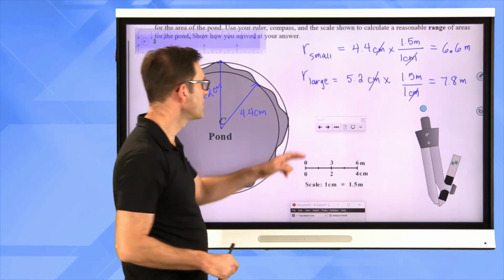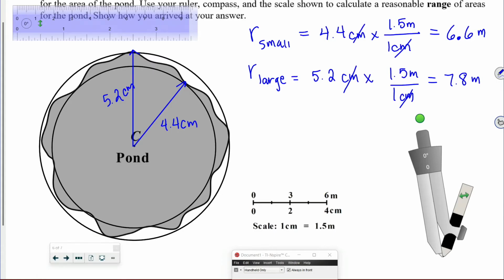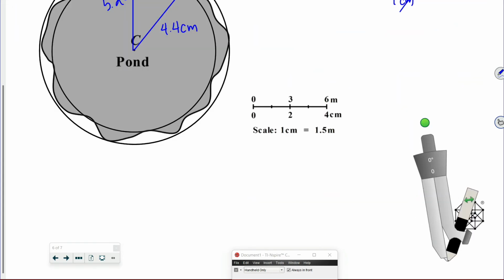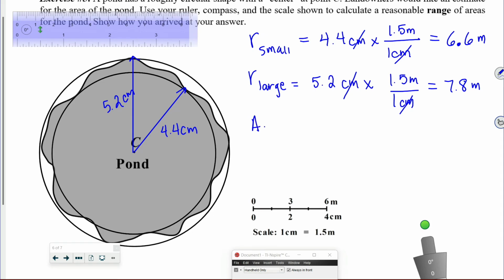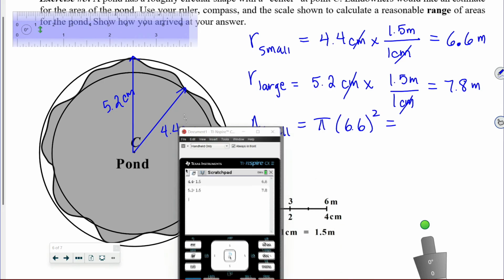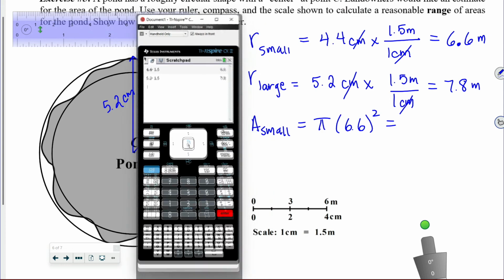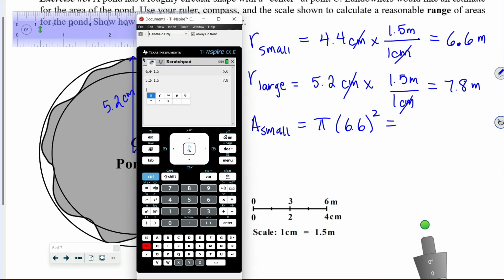All right, so let's do it. Get rid of that all the way. Whoops. Let's go back up here. So the smallest that the area of the pond could possibly be is pi times 6.6 squared. And let's bring that out. Here we go. We'll go pi times 6.6 squared.